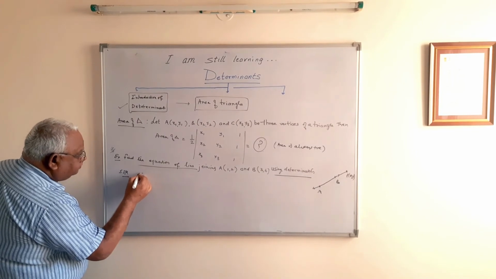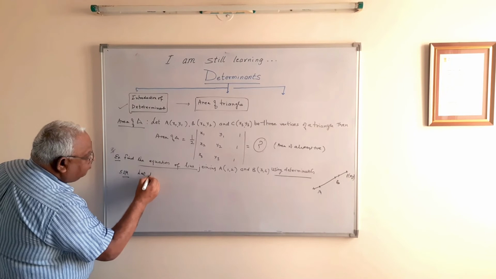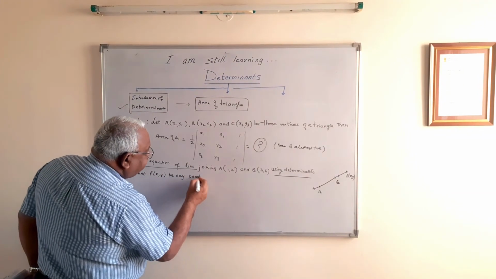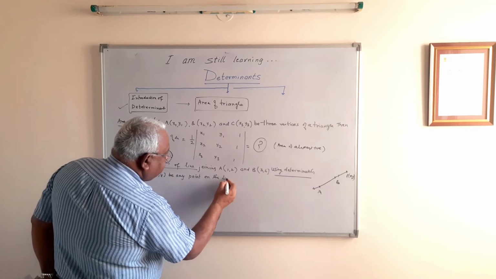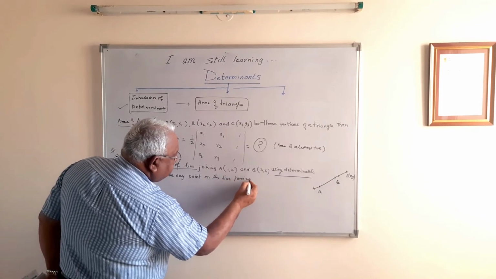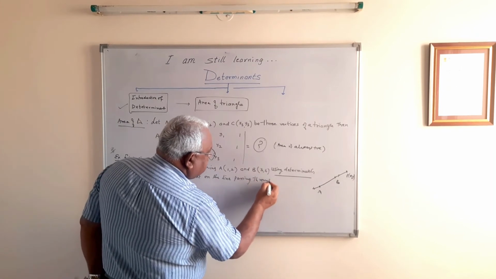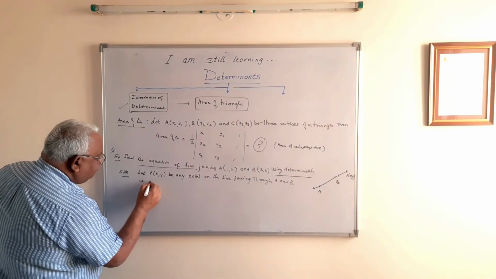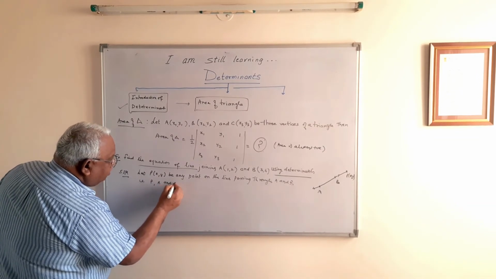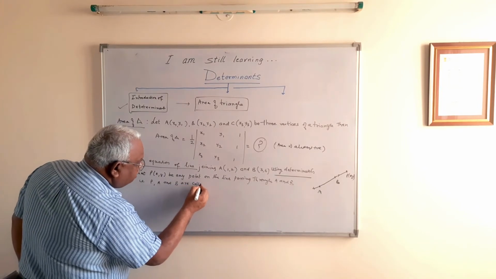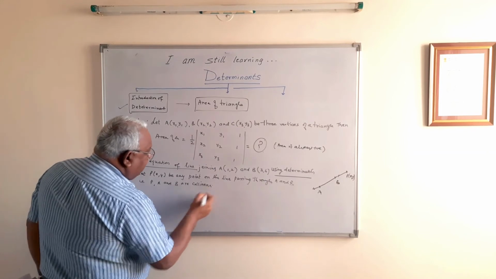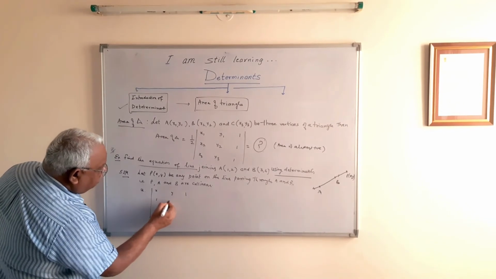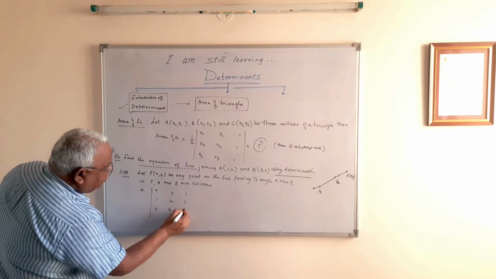Since, or you can write, let P(x, y) be any point on the line passing through A and B. That is P, A and B are collinear. That is x, y, 1; 1, 2, 1; 3, 6, 1.